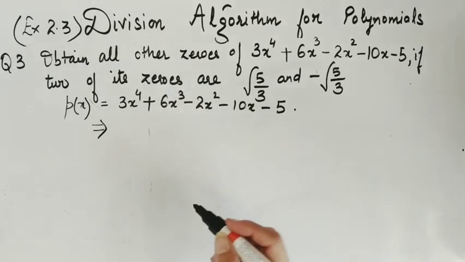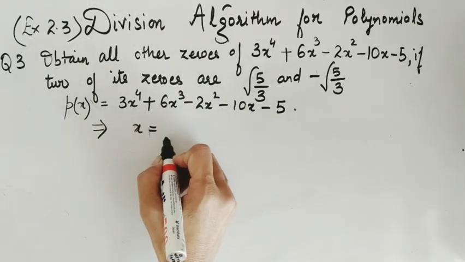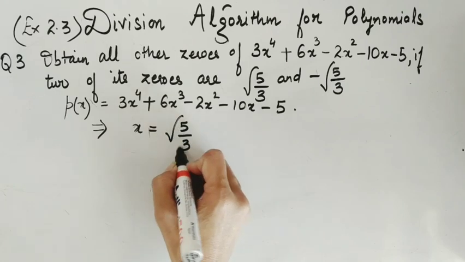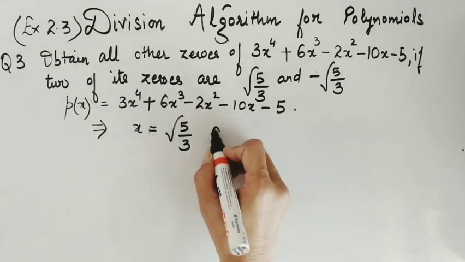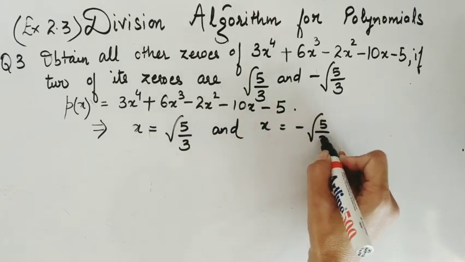We know if these are two zeros, that implies zeros can be labeled as alpha, beta, but since we are talking about division of polynomial, this indicates one value of x would be root 5 by 3 and another value of x will be minus root 5 by 3.